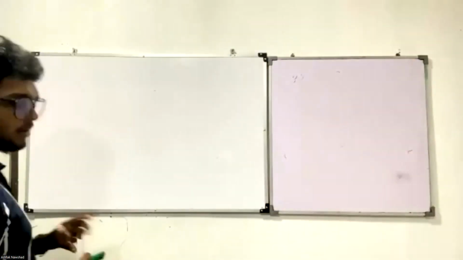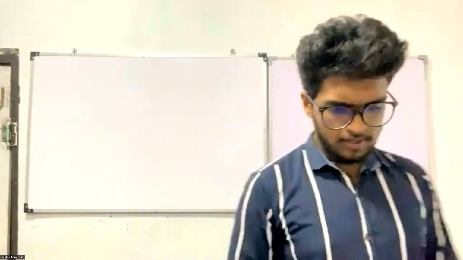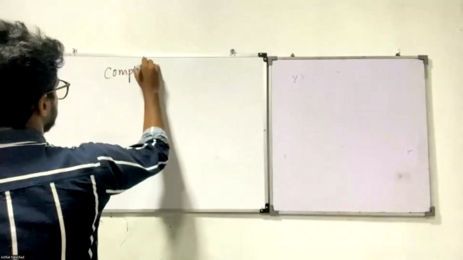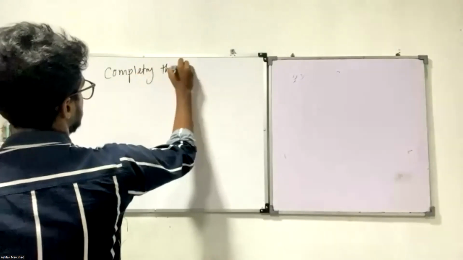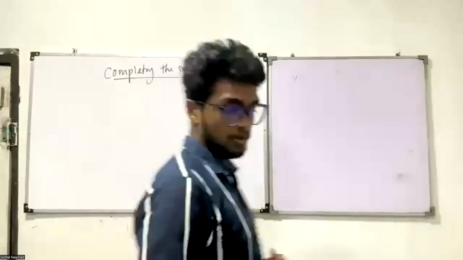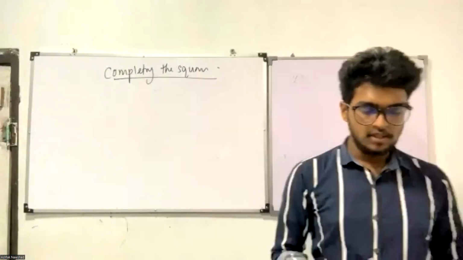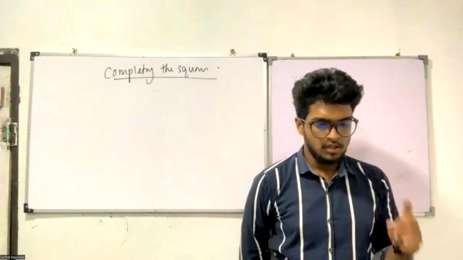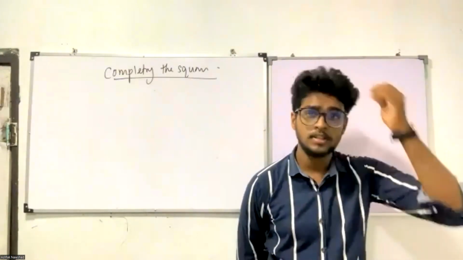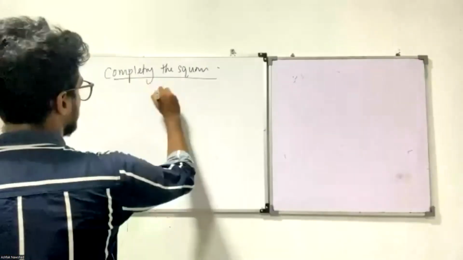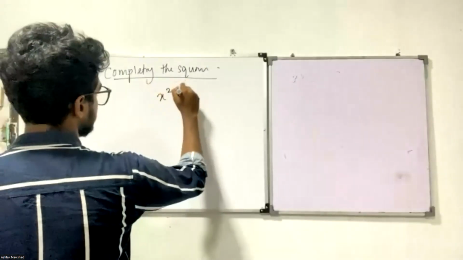The first method to solve a quadratic equation is completing the square. Remember this. In order to solve any quadratic equation, you must make the equation equal to 0. For example, I have given you a quadratic equation like this.